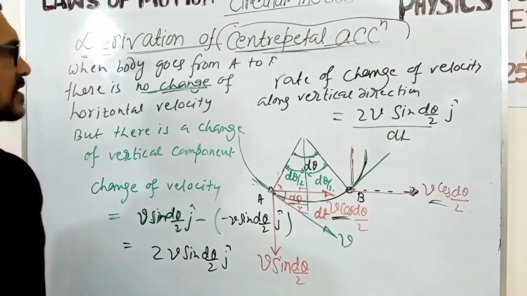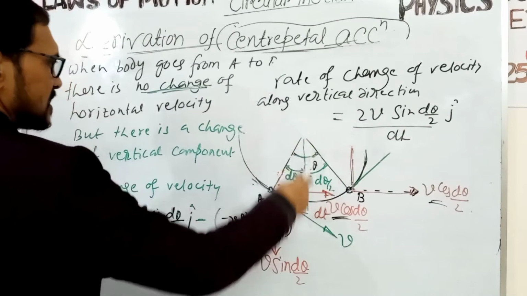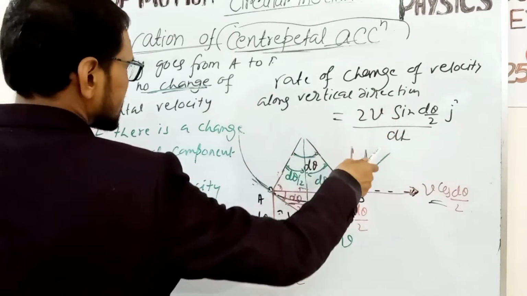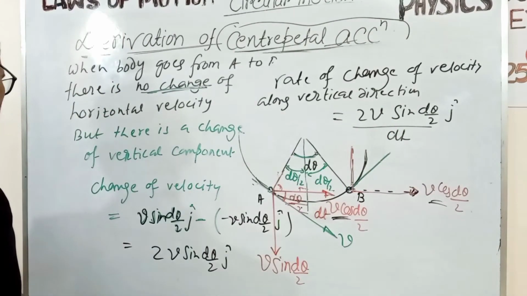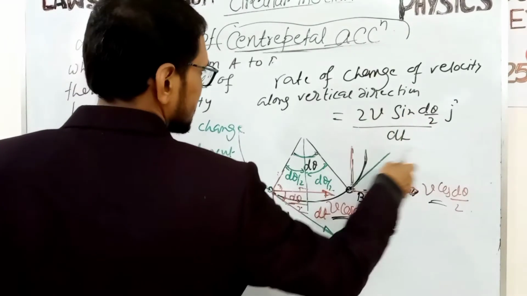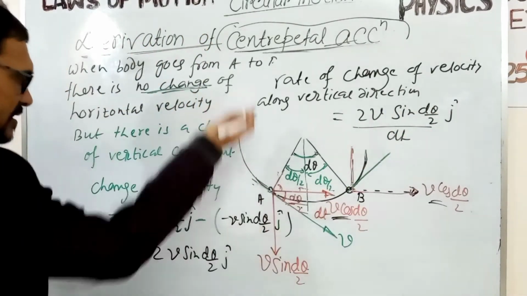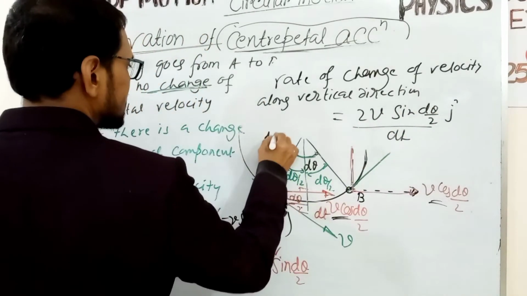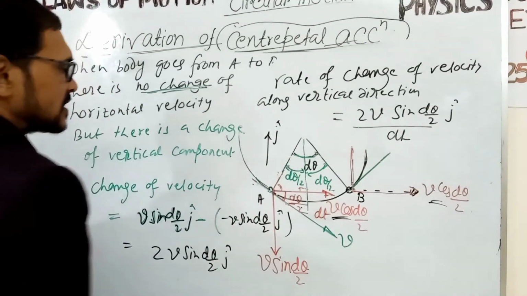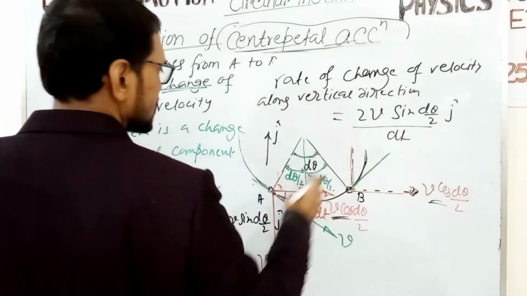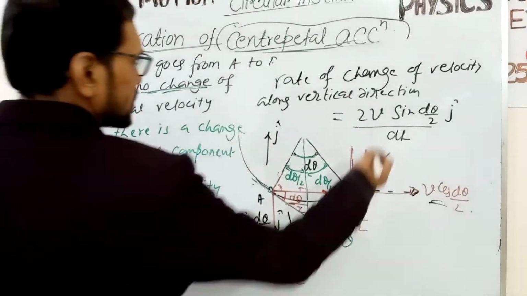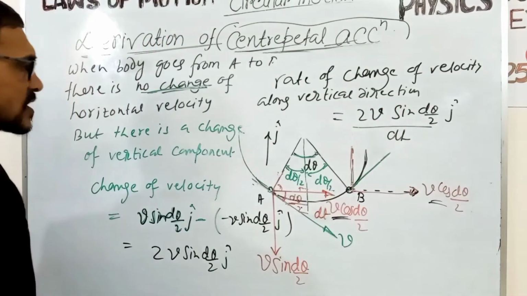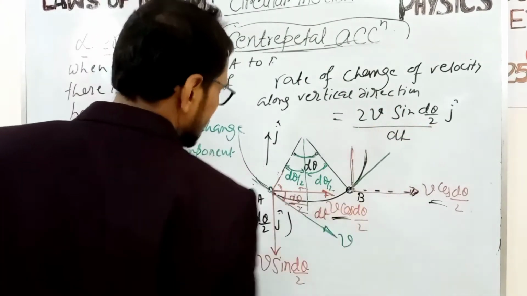As this is the vector j, this is called acceleration, because rate of change of velocity is called acceleration. As the direction is j, that is towards the center, because j is along this direction, the direction of this acceleration is towards the center. So this is called centripetal acceleration.